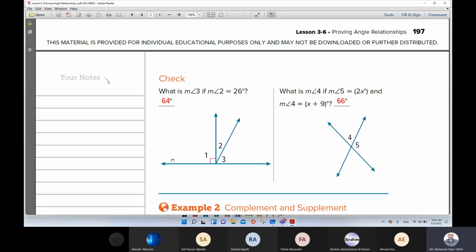Why 180? Because all the angles here are in the same straight line, and they have the common vertex. So the measure of angle 1 will be 90, and the measure of angle 2 will be 26.